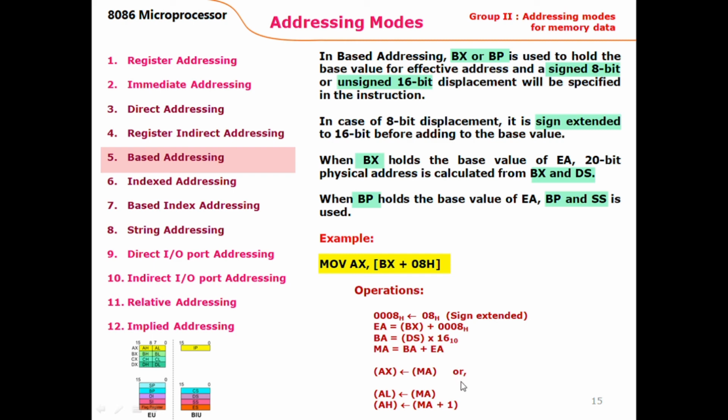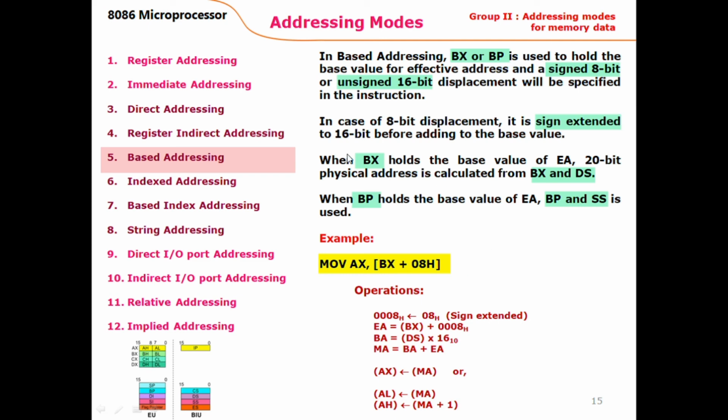This can be written as follows as well. The first byte at the memory address calculated here is copied to the low part of the accumulator. The next byte is copied to the high part of the accumulator.